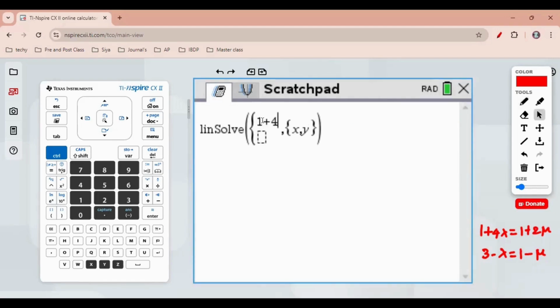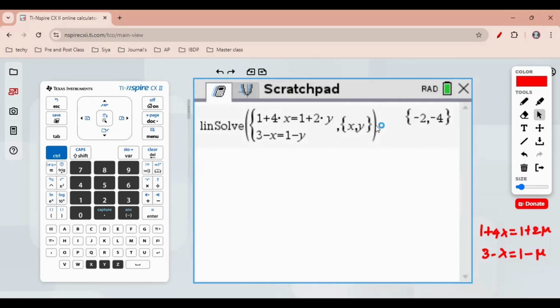So 1 plus 4, it's not lambda. Here, lambda is x, right? 1 plus 4x is equal to 1 plus 2y. See, I made a mistake here. Actually, mu is treated as y, right? So 3 minus x is equal to 1 minus y. This is the equation, and we can click enter.